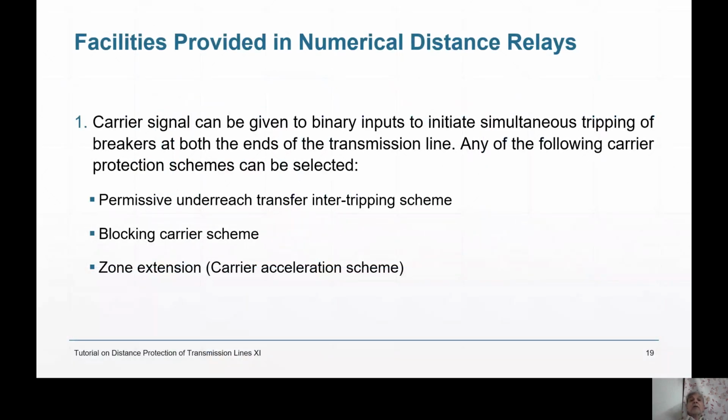Carrier signal can be given as binary input. Carrier equipment will be required, that is true, right? A big carrier system is required. But this carrier signal can be routed through the numerical relay so that you do not need another ancillary equipment. The numerical relay itself can be used to route the carrier signal through it, and you can use line differential protection in numerical relays.